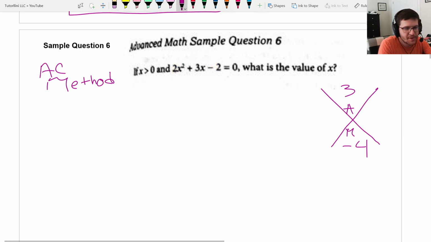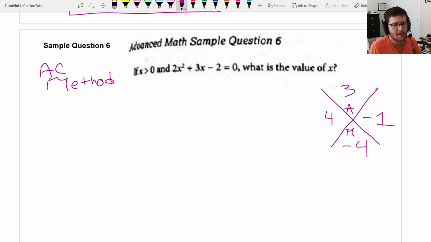Good, so now I've got to come up with 2 numbers, negative 4 and 3. I think it's 4 and minus 1. Let's check. 4 plus negative 1 gives you 3. And then 4 times negative 1 gives you negative 4. Okay, that looks pretty good. Let's see if that works.